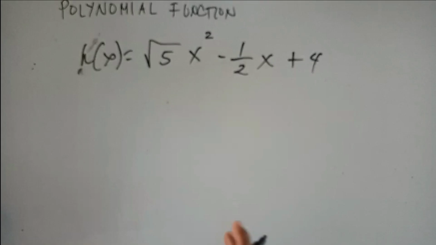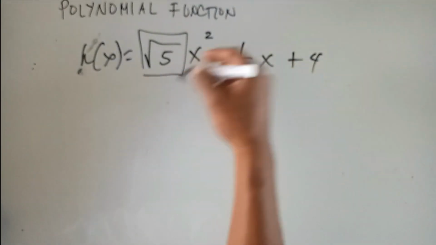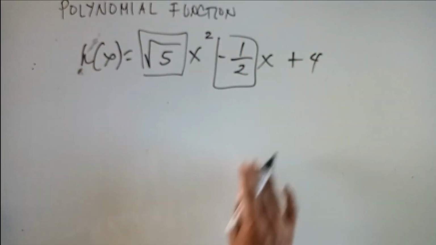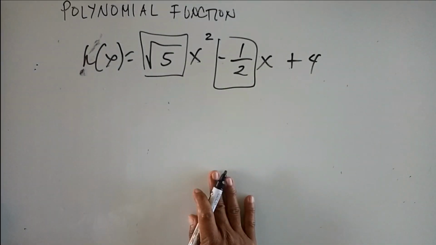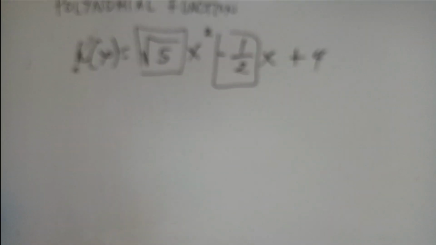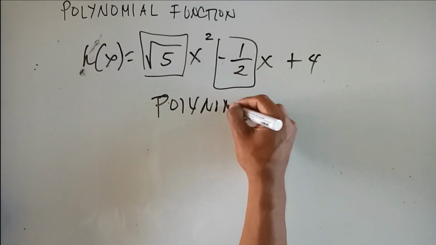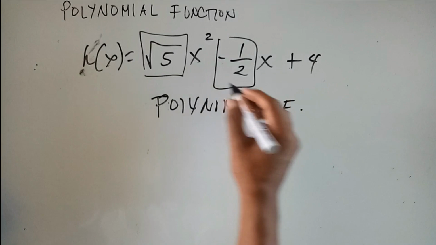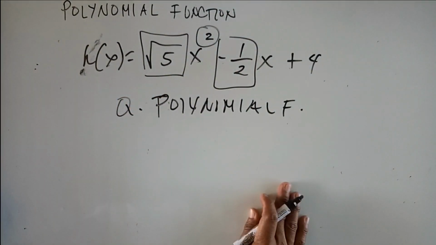If you can see, the coefficients are in the form of a radical and in the form of a fraction. Does it matter? Does it have bearing upon identifying if it is a polynomial function or not? Actually, this is a polynomial function. This is a polynomial function with highest degree of 2, and therefore that is a quadratic polynomial function.